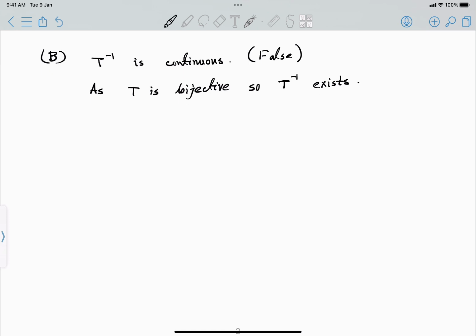So let's first define L1. This is a sequence space such that the sequence is summable.